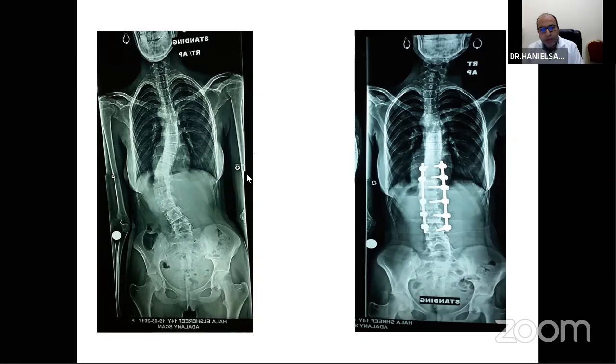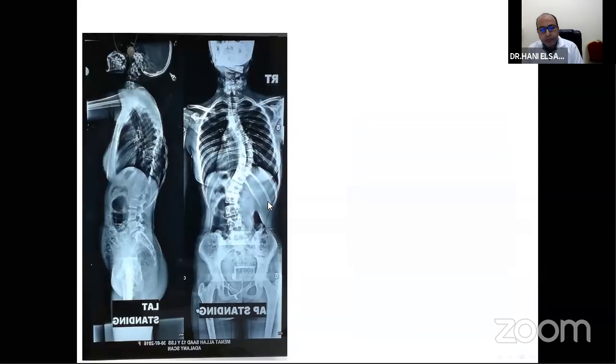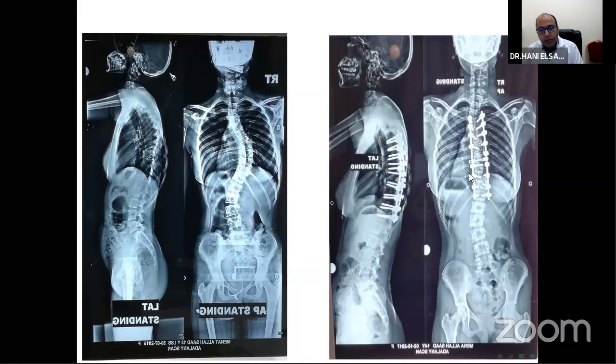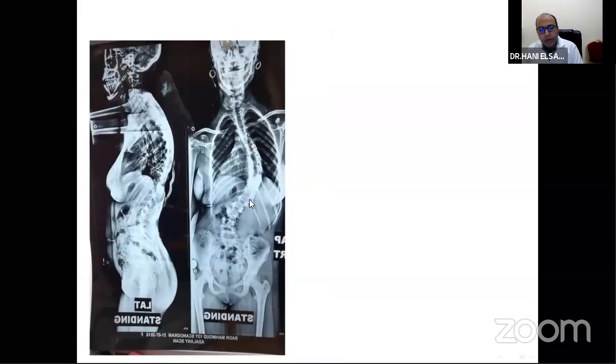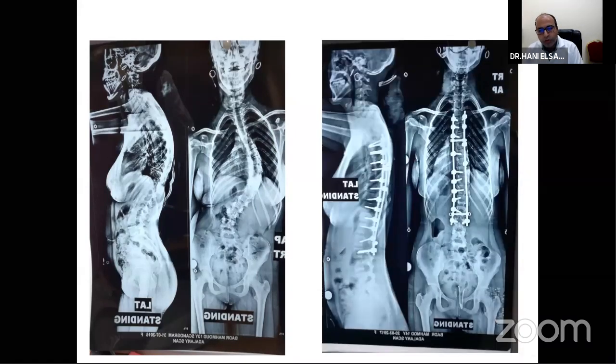Another case was a right thoracic curve, which was corrected by also all pedicle screws, leaving this minor lumbar curve. This is another case with a high-degree thoracic curve, treated also by all pedicle screws.